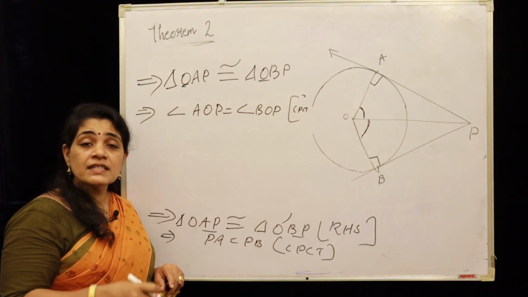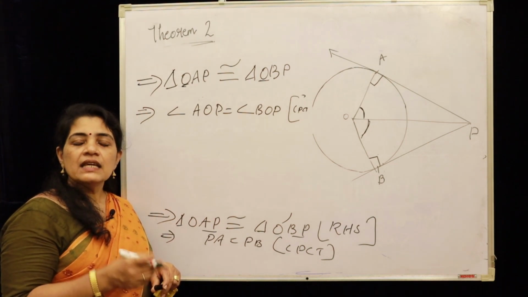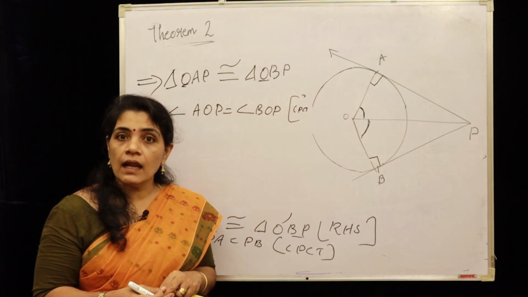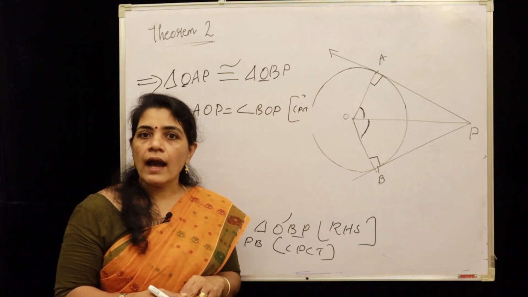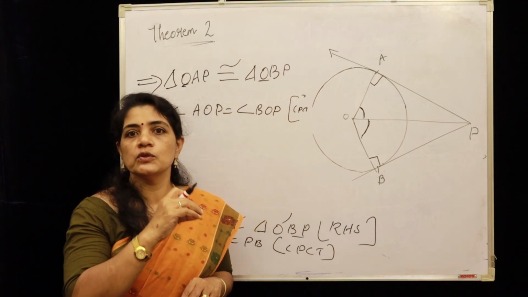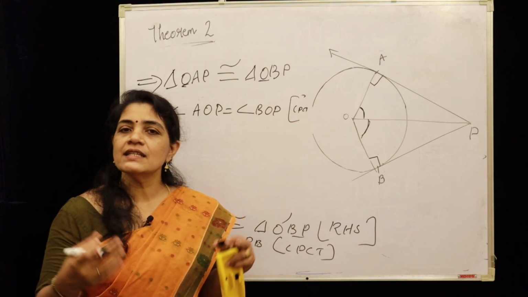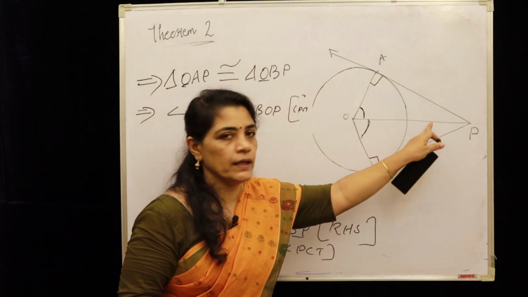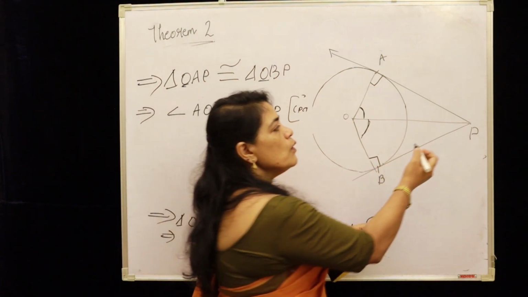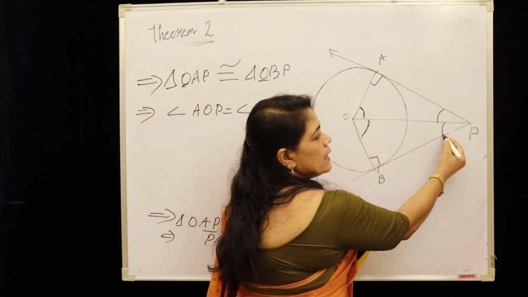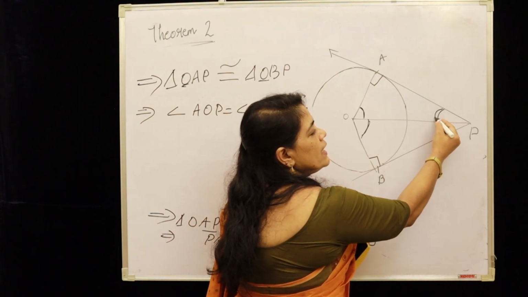And the very important second result is, these tangents are equally inclined to the line segment joining the center to the external point. Which is the line segment joining center to external point? OP. Understood? So these tangents PA and PB are equally inclined.